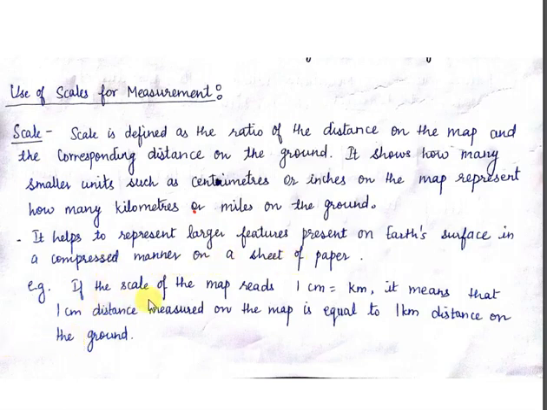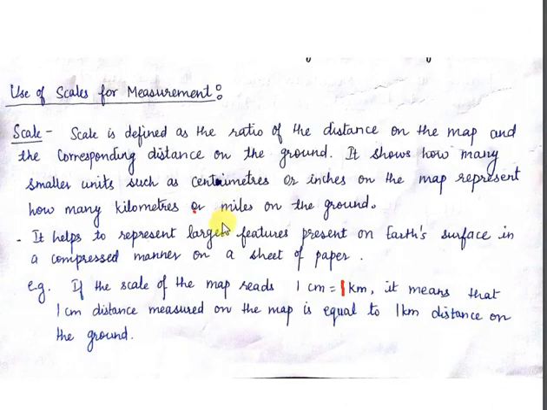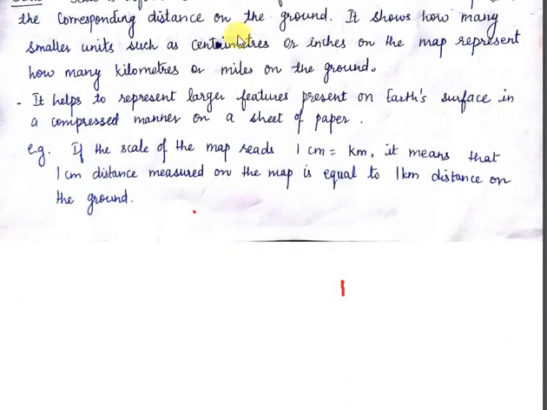For example, if the scale of the map reads 1 centimeter is equal to 1 kilometer, it means that 1 centimeter distance measured on the map is equal to 1 kilometer distance on the ground. This is what we mean by the scale.